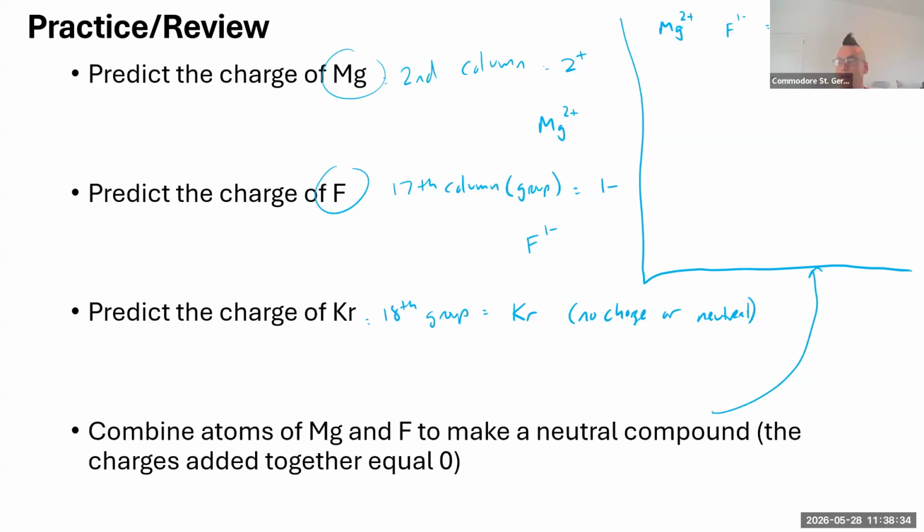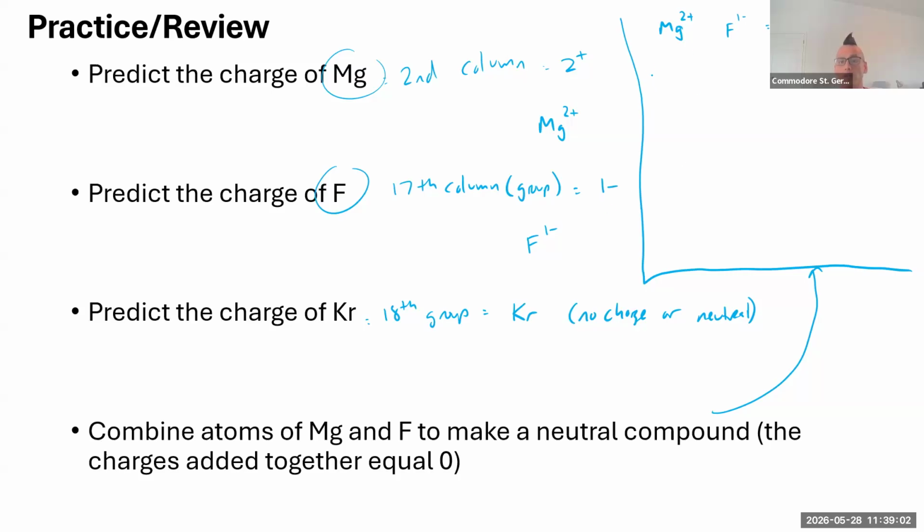Well, we have a 2 plus and a 1 minus. That's going to equal a 1 plus. So not neutral. So now we have to add either a fluorine with another 1 minus or a magnesium with a 2 plus.